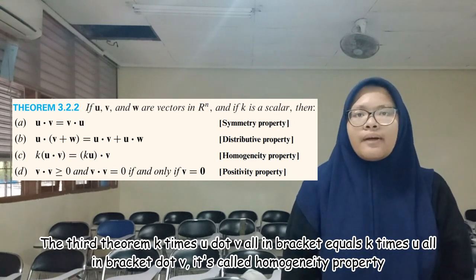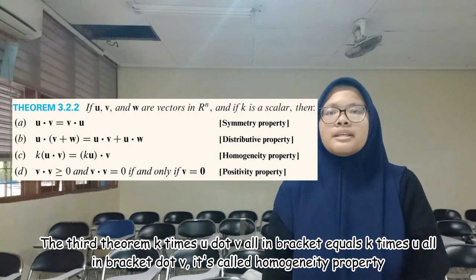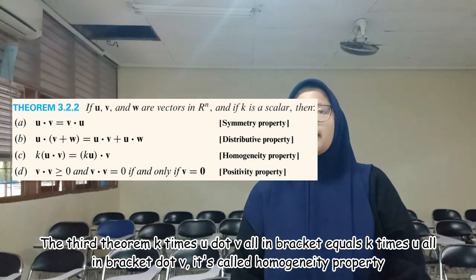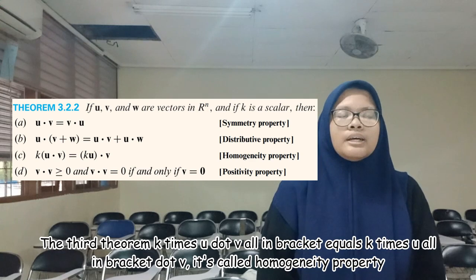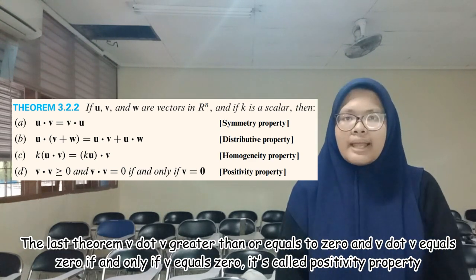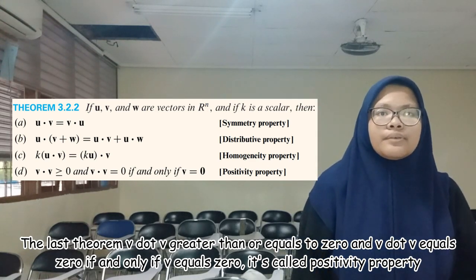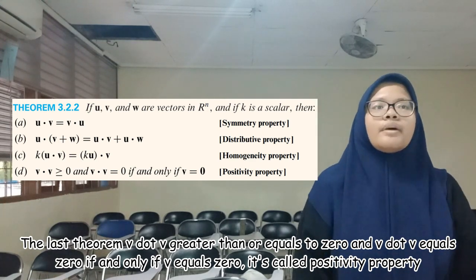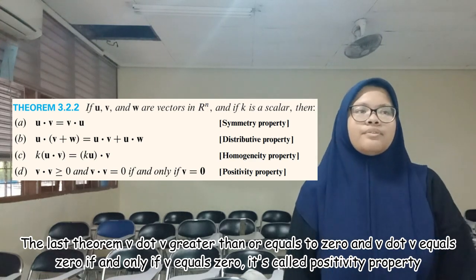The third theorem: k times (u dot v) equals (k times u) dot v, called the homogeneity property. The last theorem: v dot v is greater than or equal to 0, and v dot v equals 0 if and only if v equals 0, called the positivity property.